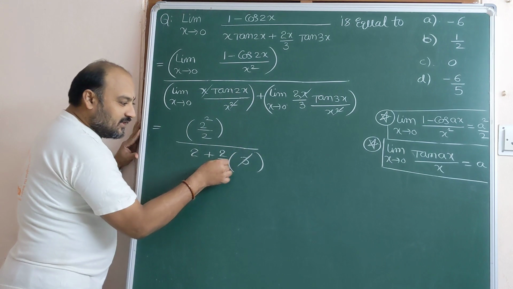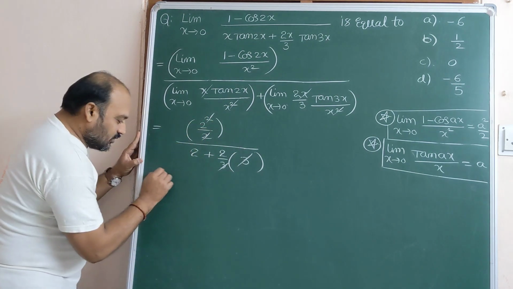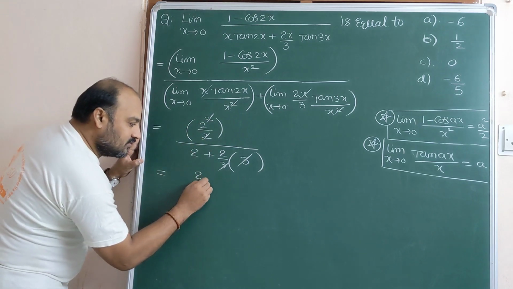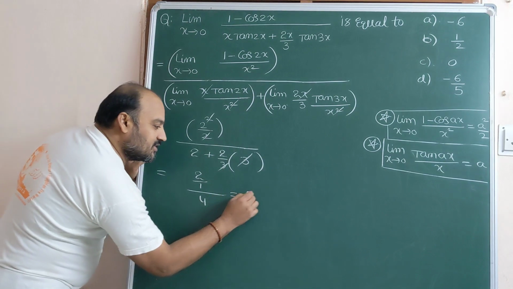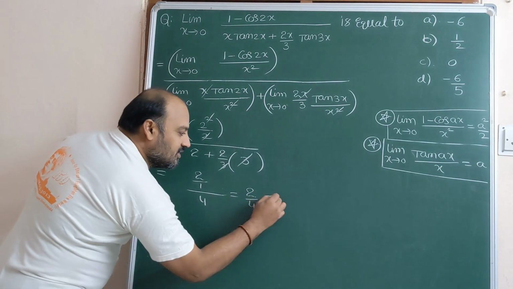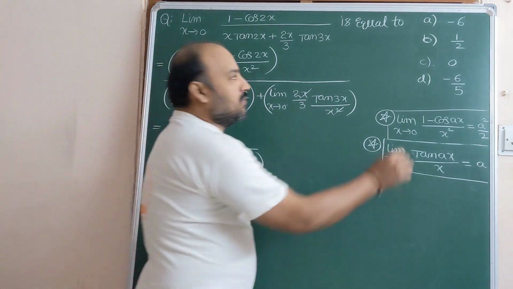So here 3 gets cancelled, here one of the two cancels. So which is equal to 2 by (1 by 2 plus 2), 4. So which is equal to 2 by 4, which is equal to 1 by 2. So which is there in the second option, dear students.